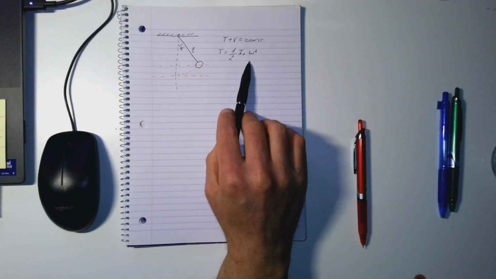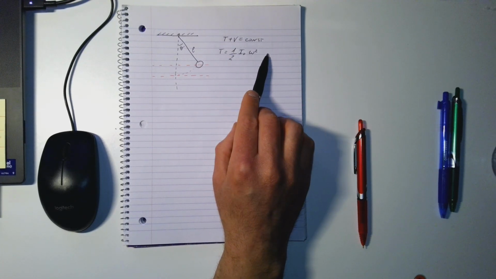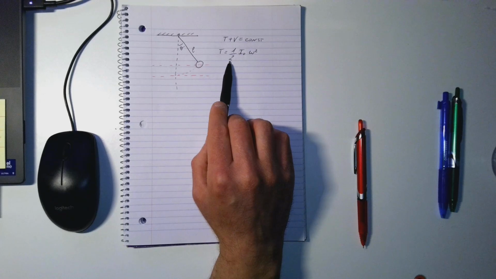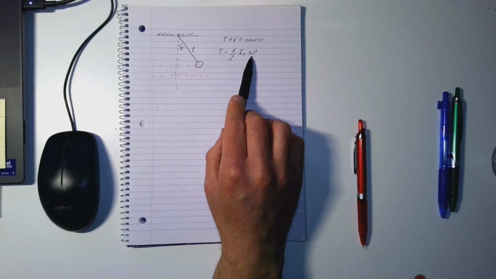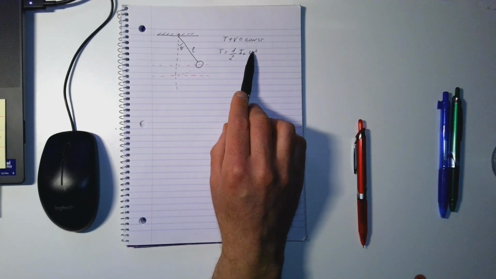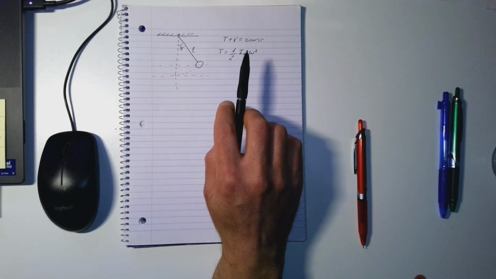For the translational motion we have 1 over 2 m v squared. In this case we have 1 over 2 I, which is the moment of inertia instead of the mass, multiplied by the rotational or angular velocity instead of the linear velocity. But physically, this expression is the same as the expression that we saw for the translational motion.